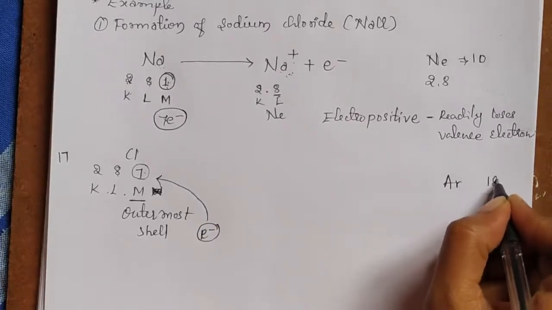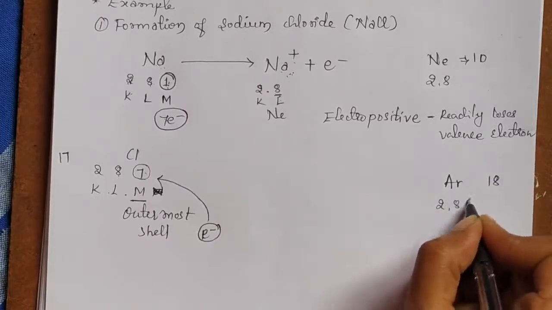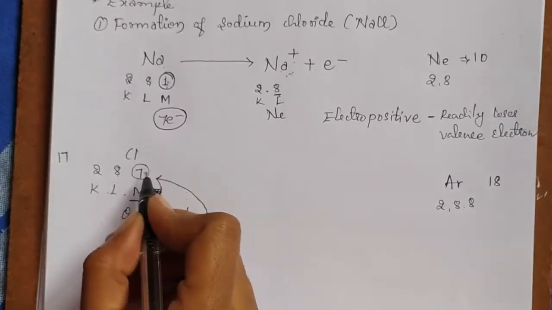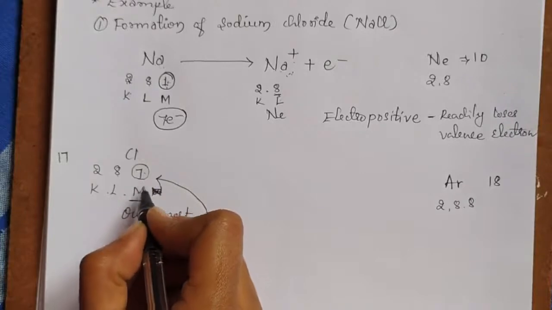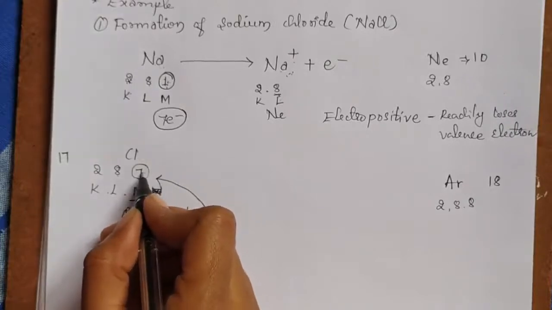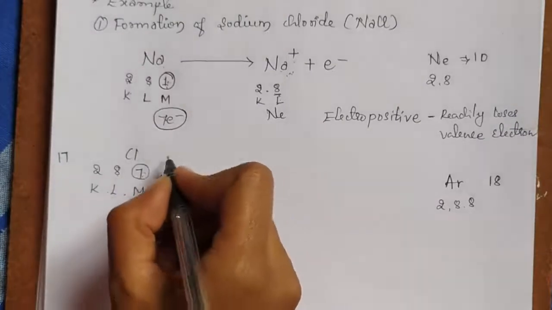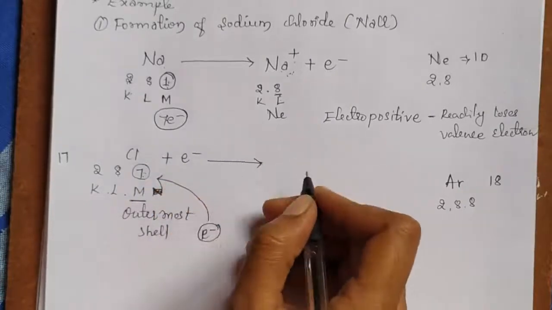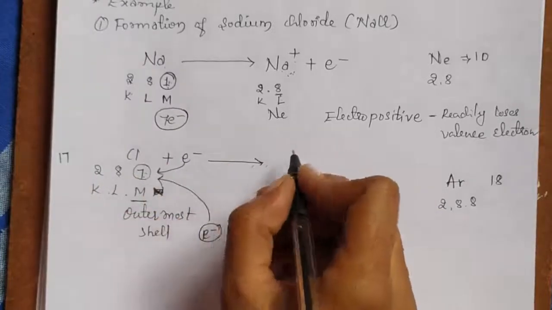Its atomic number is 18 and its electronic distribution is 2, 8, 8. So it requires 1 electron so that the M shell is completely filled. On gaining 1 electron, the M shell is completely filled and has 8 electrons. See, this chlorine will gain 1 electron. So what happens when it gains this 1 electron?